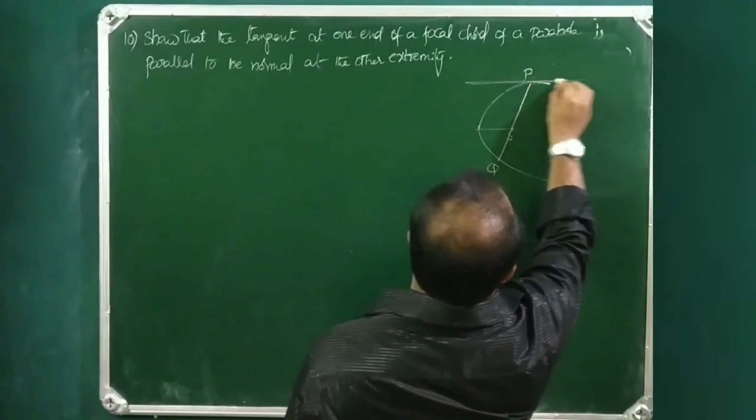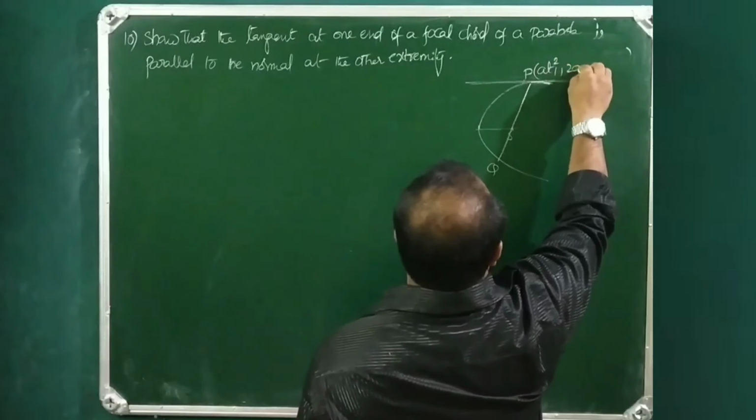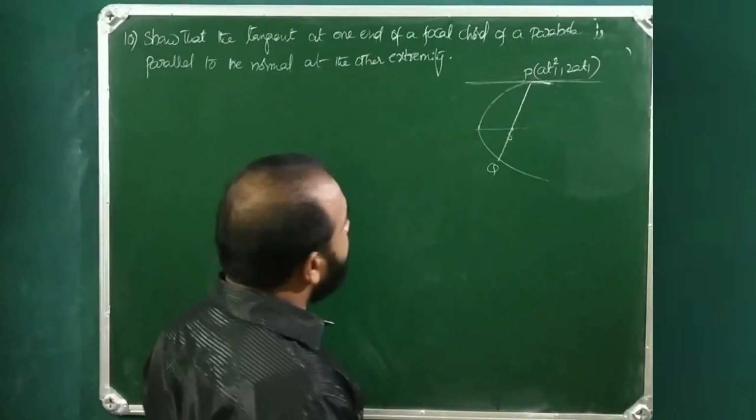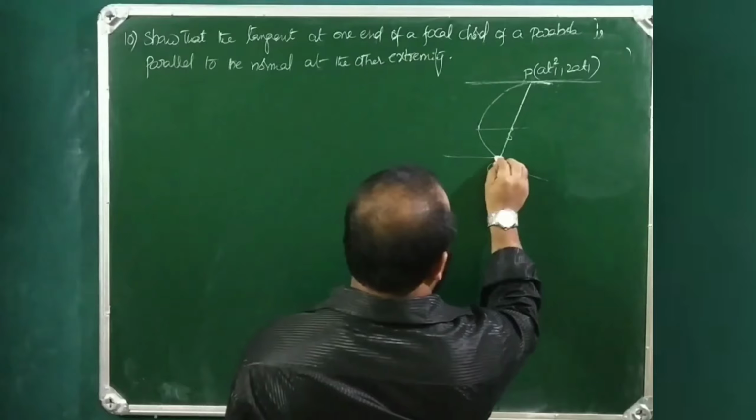This is our tangent at P, (at1 square, 2at1), and this is the normal.